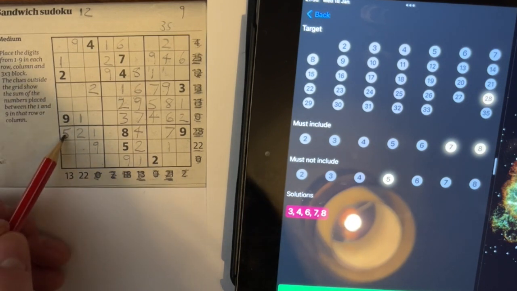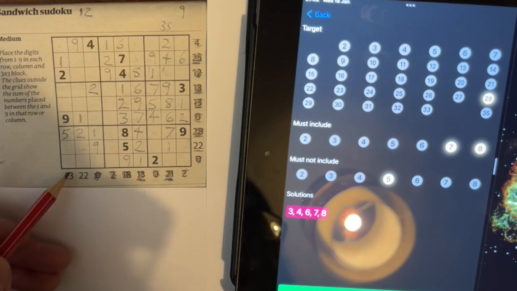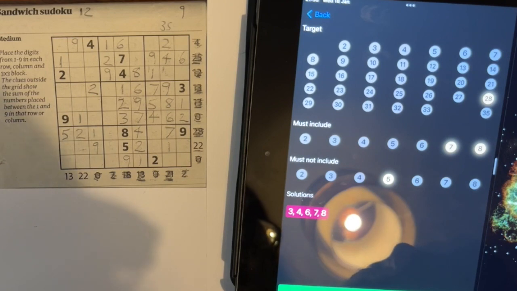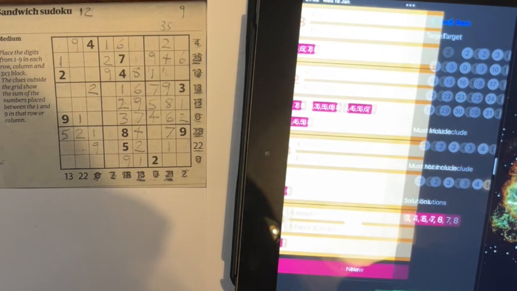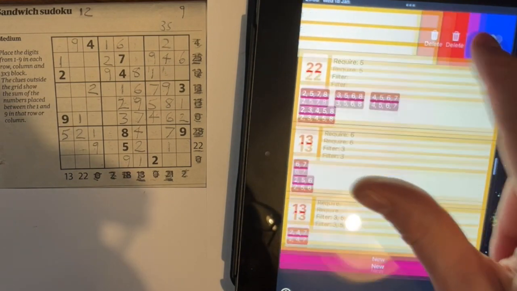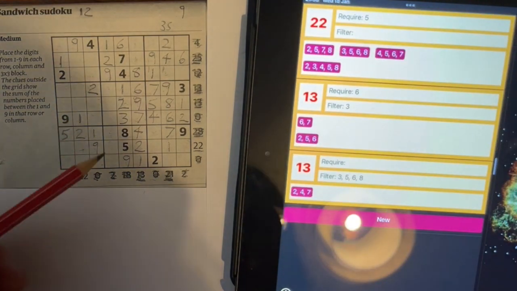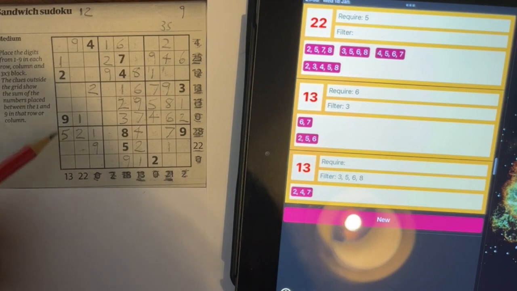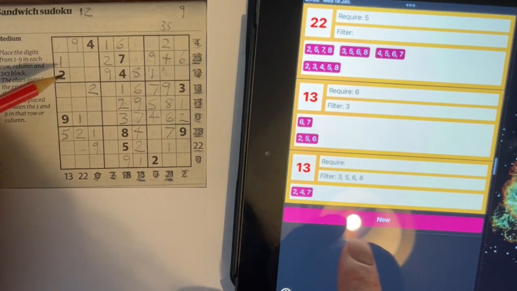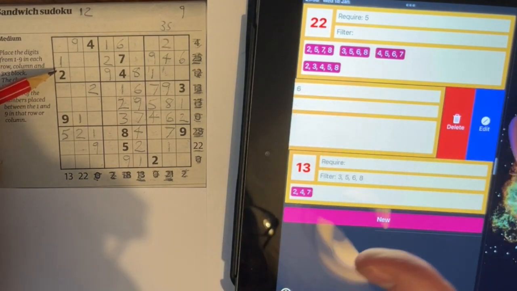We've got a 5 here. Does this narrow it down for this 13? Said we get rid of the 28, so let's get rid of that one. And the 13, I think I've mixed my 13s up. So I've got a 13 that requires a 2 here.